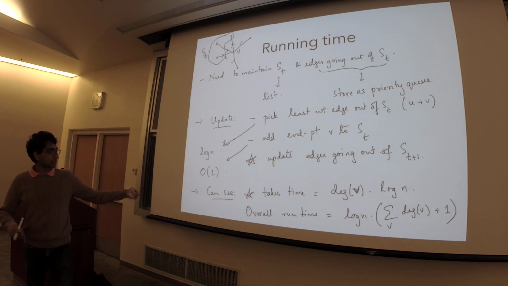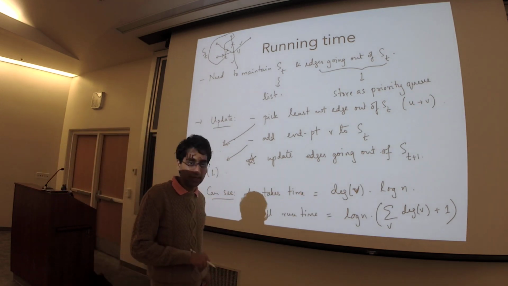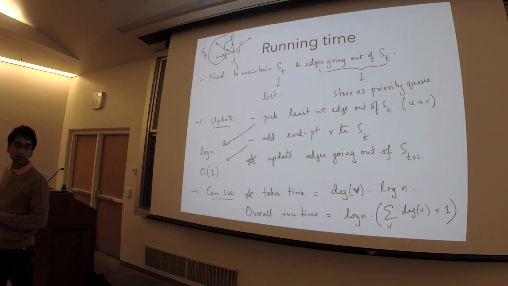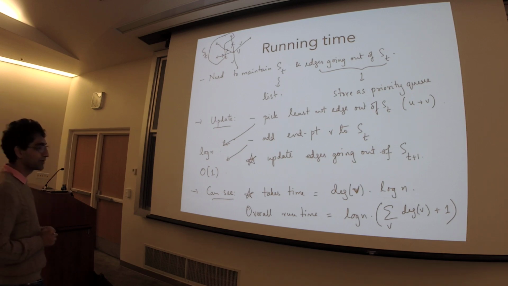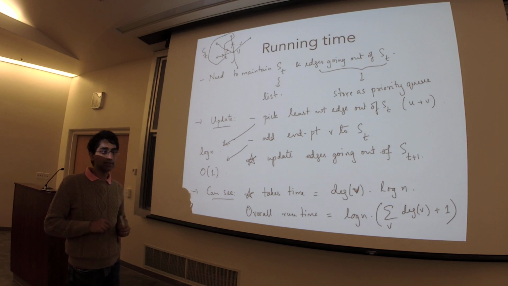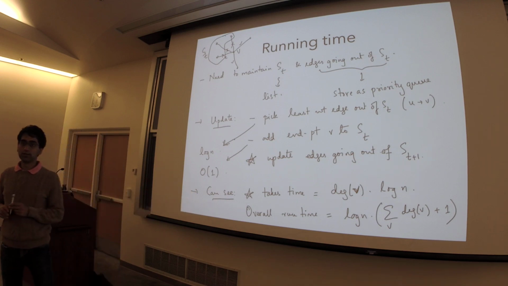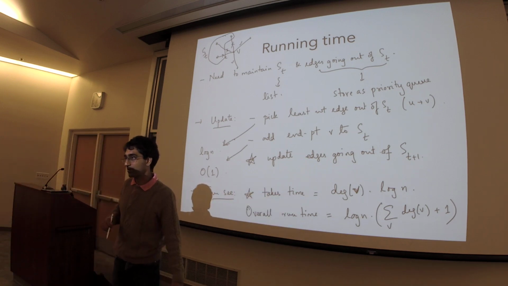Now what is this quantity? Sum over all the vertices of 1 plus degree of v. Sorry? Yeah, but would it always be n squared? It's definitely at most n squared. 2 times number of edges. Yeah, so the sum of the degrees is twice the number of edges, right?